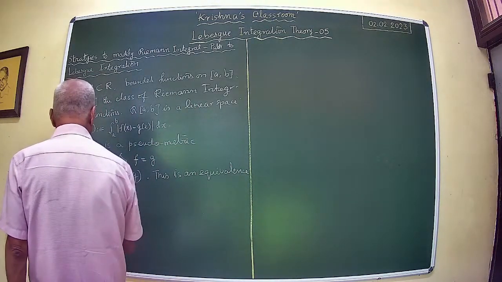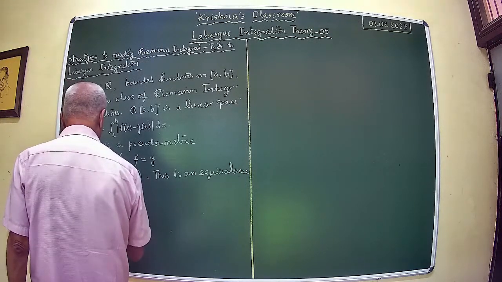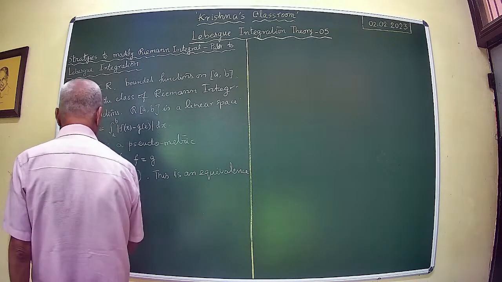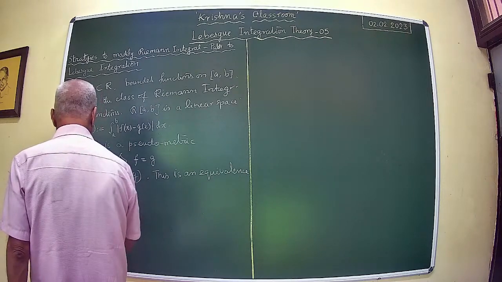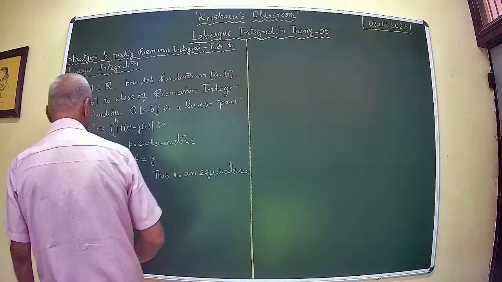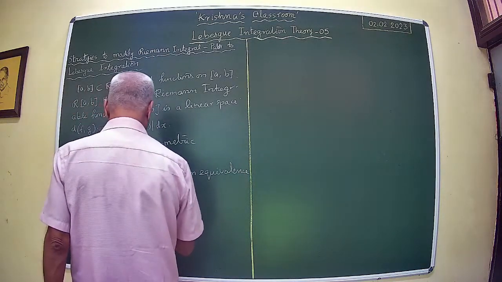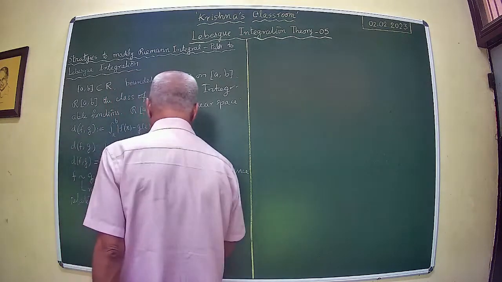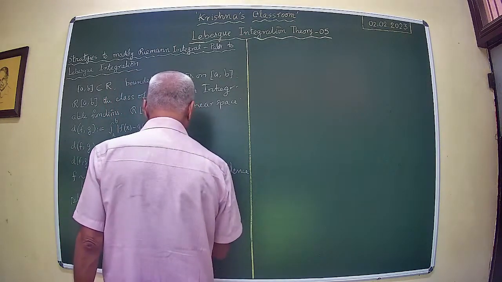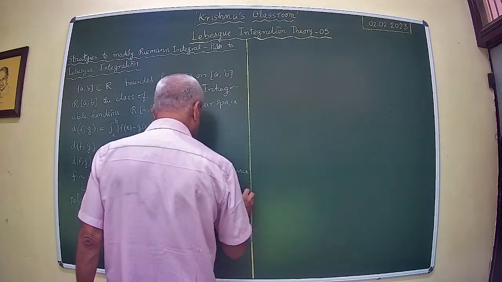It partitions R[a, b] into equivalence classes.